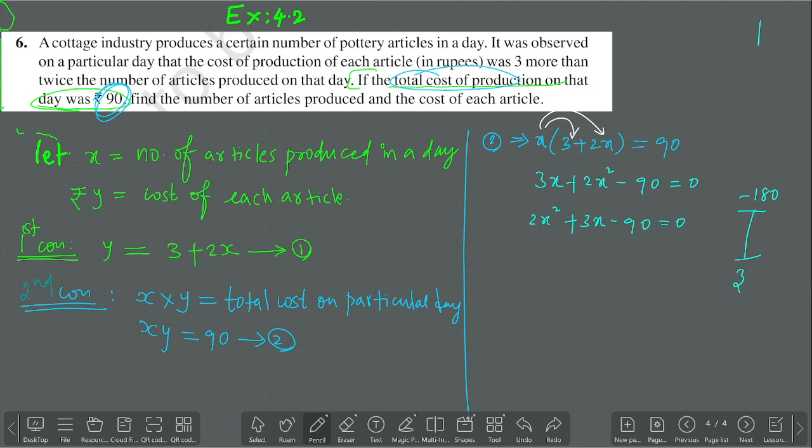If you want to find this, you can use prime factors: 90, 45, 15, 5, 9, 3, again 3, 1. Now we have to make it 3. I am taking 15 and 4 threes are 12. Is it coming now?